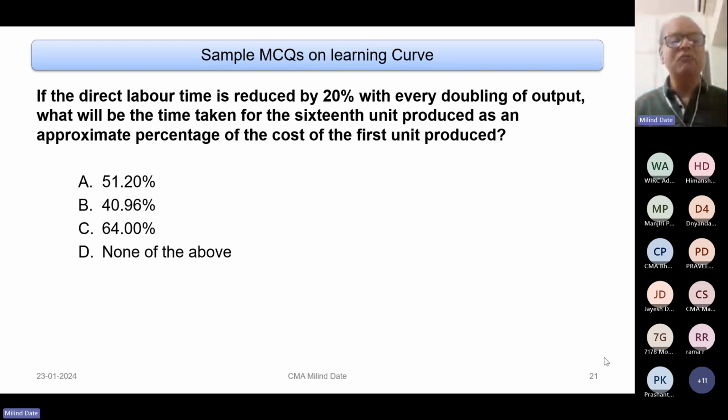Every time you double the output, labor time will reduce by 20%. So you know what is the learning curve. If the cost reduction is 20%, learning curve will be 1 minus 0.2, so that is 80%. You have to keep doubling the output till you reach 16. So just make the quick calculations and let me know what's your answer.